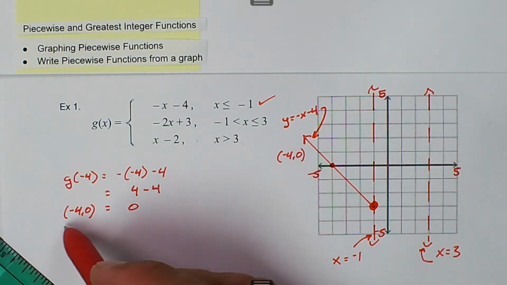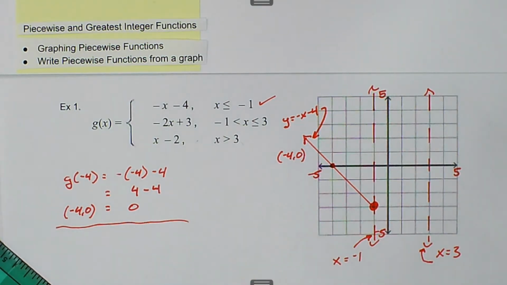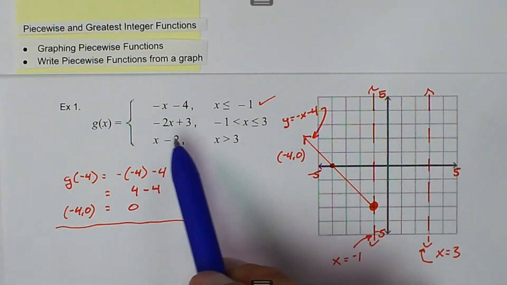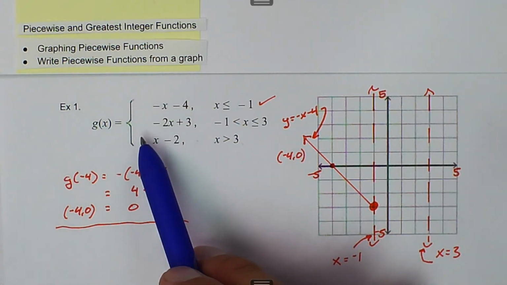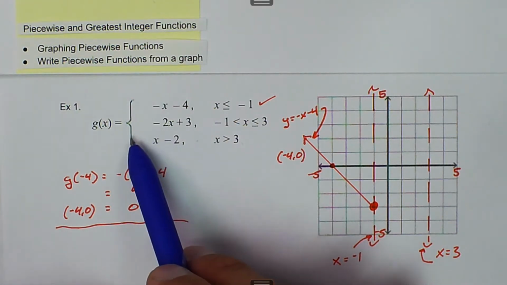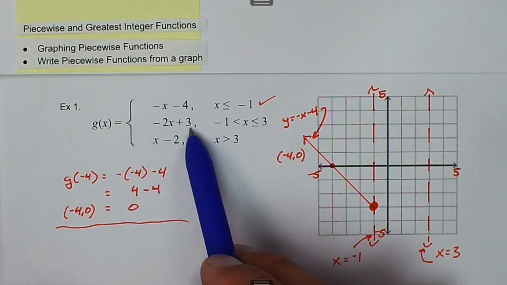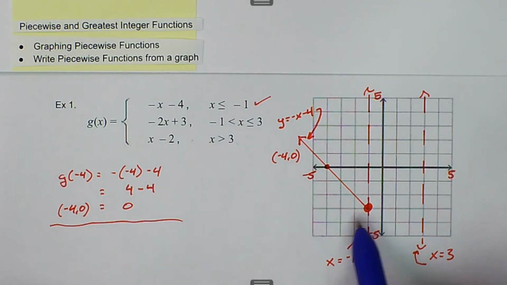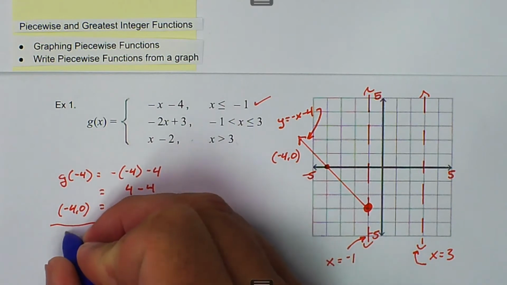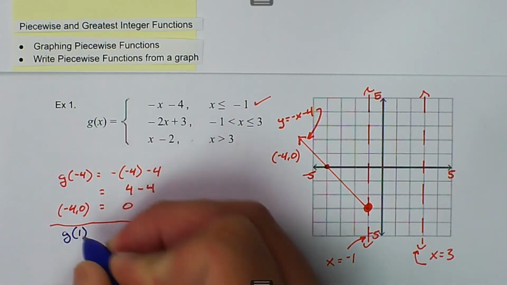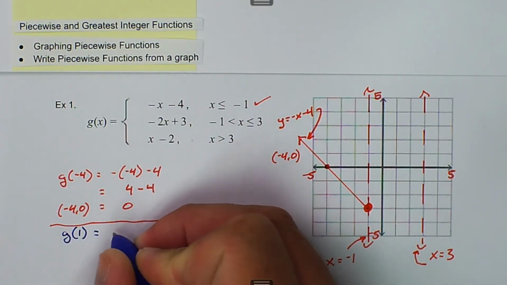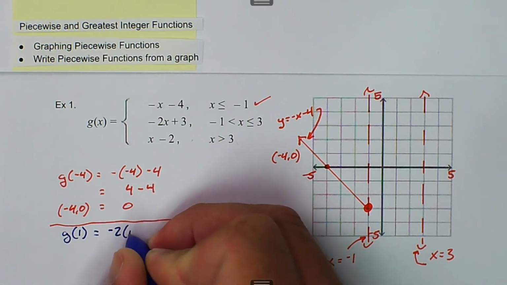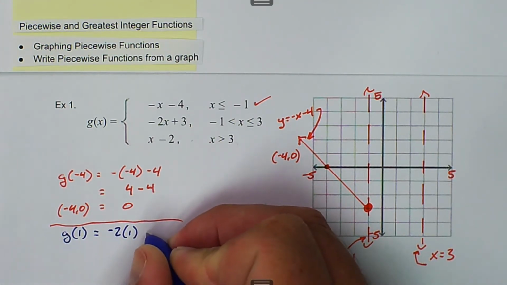Another example that we can look at is g of x is equal to -2x plus 3, and let's evaluate that at g of 1. So g of 1 is equal to -2 times 1 plus 3.